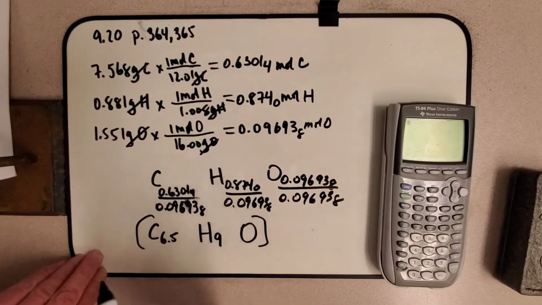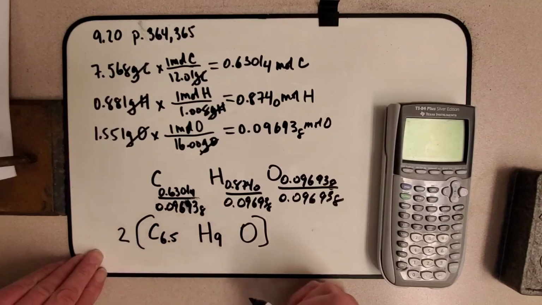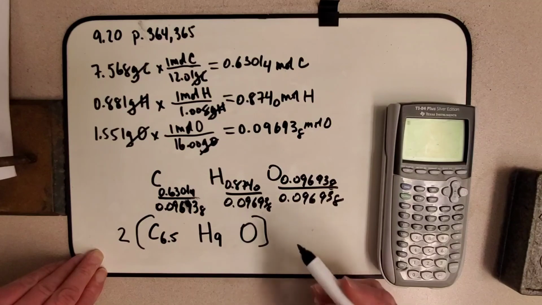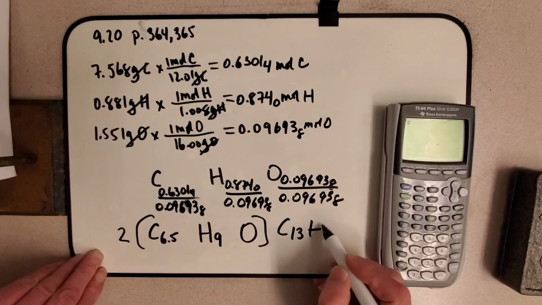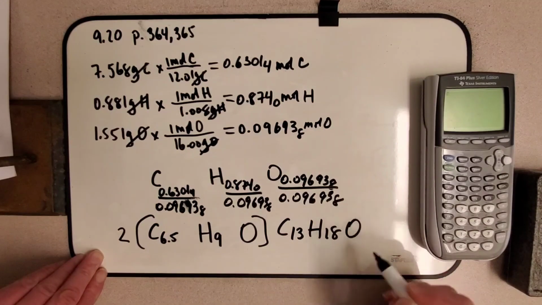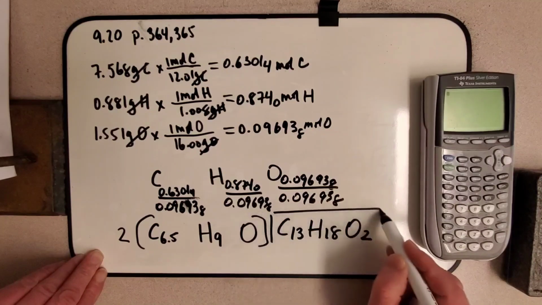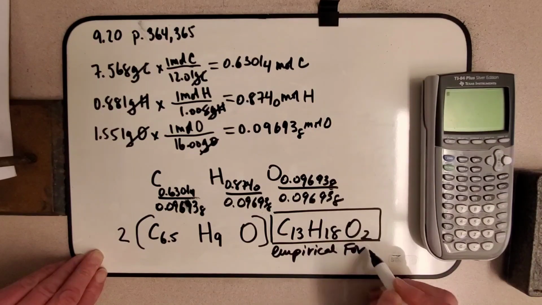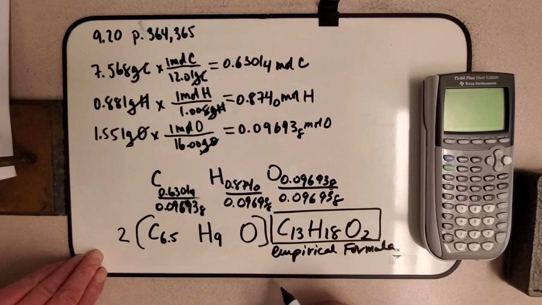The first digit I'm going to try is a 2. 2 times 6.5 is 13, so C13. 2 times 9, H18, and 2 times 1, O2. So this will be our empirical formula, and that's the final answer, guys.